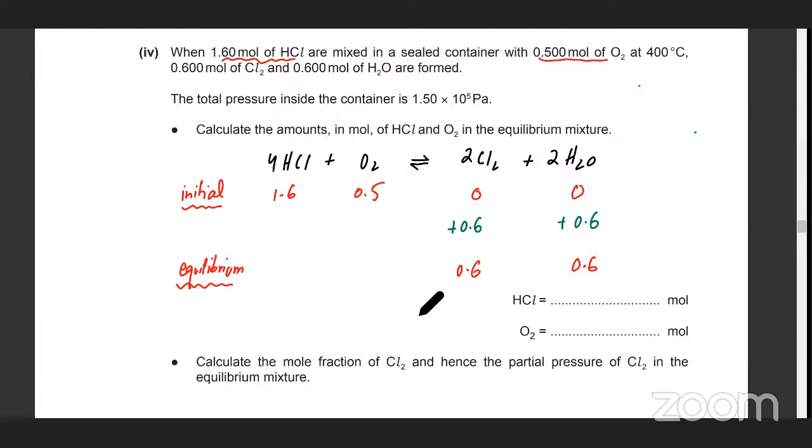Now, apart from that, to produce 0.6, how much O2 must have reacted? Can you tell me what the value is? It's 0.3, because the ratio is 2:1. If you want to produce 0.6, then 0.3 must have reacted. And according to the same ratio, to produce 0.6, how much HCl must have reacted?